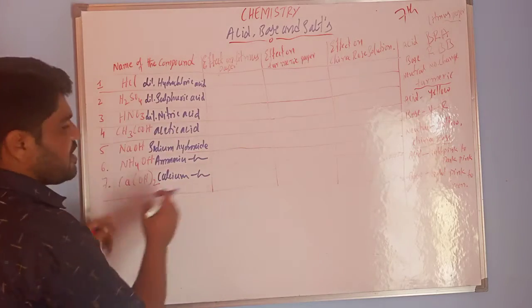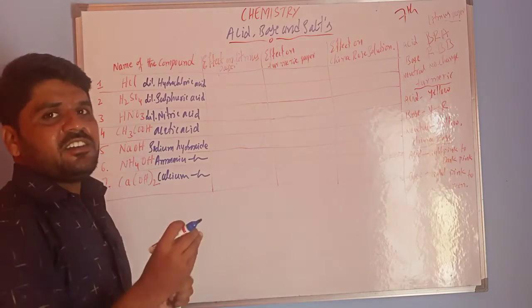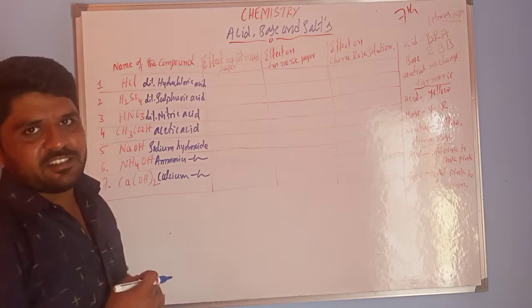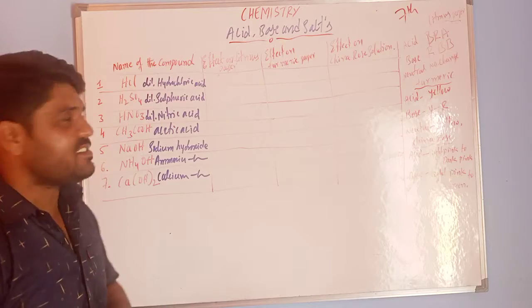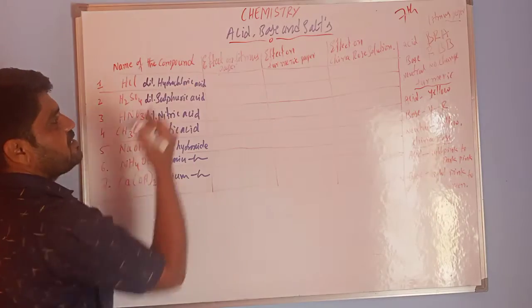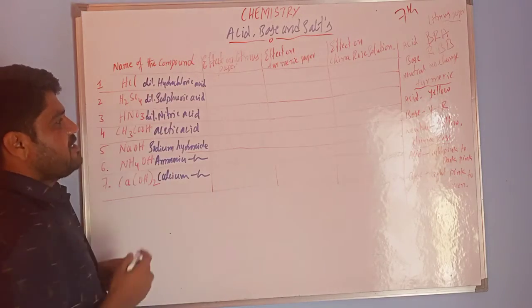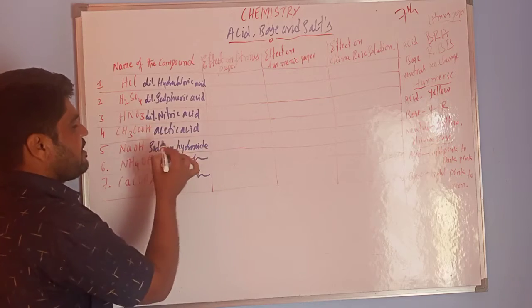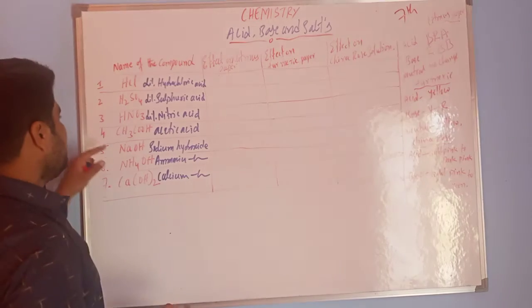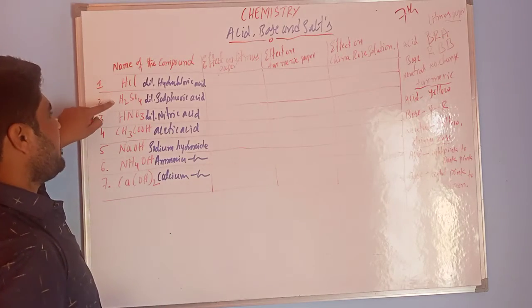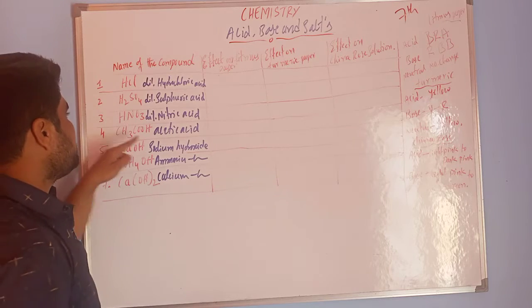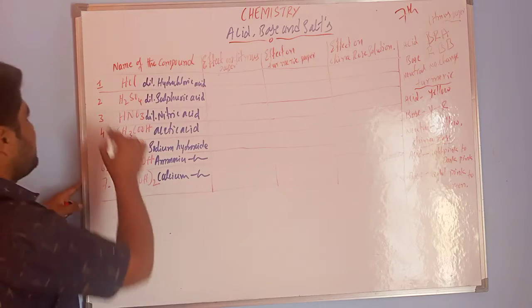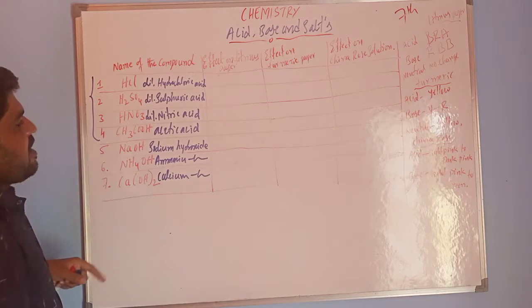In these chemicals, can you tell which are the acids? Your name indicates acid. So hydrochloric acid, sulfuric acid, nitric acid and acetic acid: these 4, HCl, H2SO4, HNO3, CH3COOH, are acids.